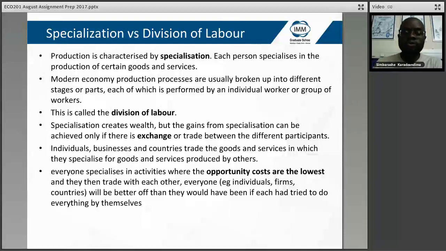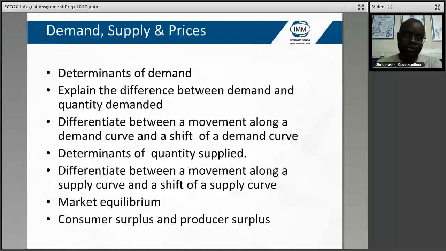They can now trade with other countries that are also specializing in different goods. So everyone specializes in activities where the opportunity costs are lowest. Then they can trade with another country there. In that way, everyone becomes better off. Specialization is what enables growth in the economy, according to Adam Smith.